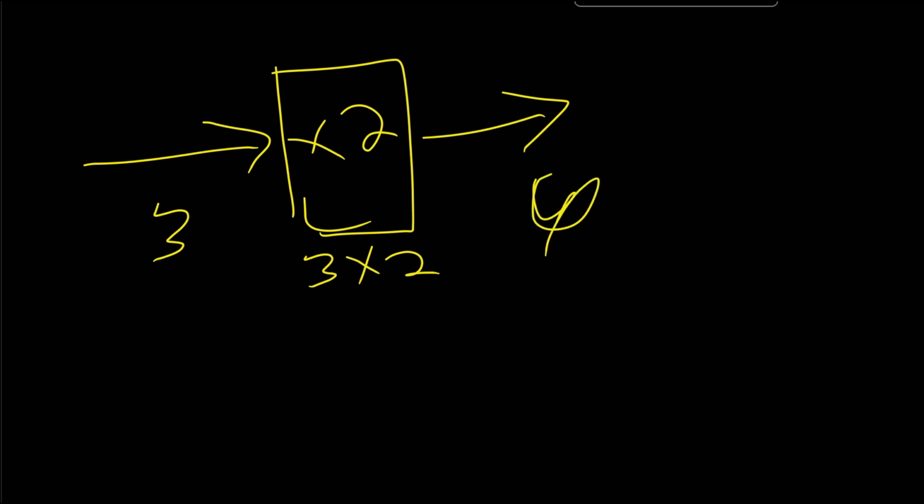So the 6 here becomes the output of 3. If I give this function a 4, it multiplies this 4 by 2 to produce an 8 as the output. So when you pass 4 through this function, you get an 8. Pass 3 to the function, you get 6 as the output.